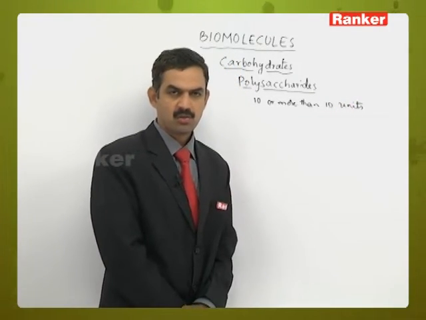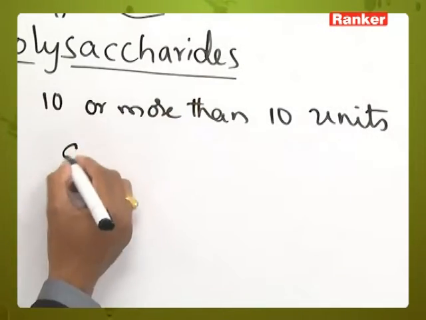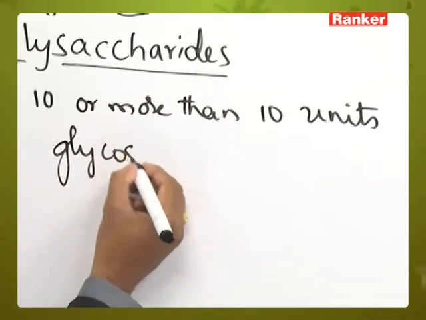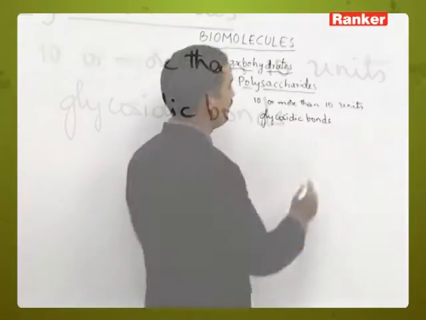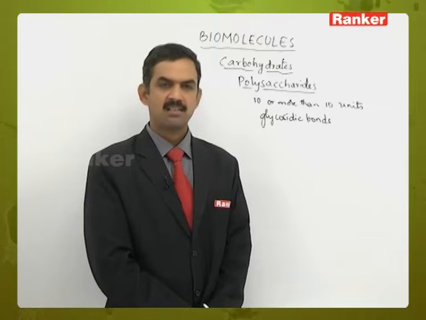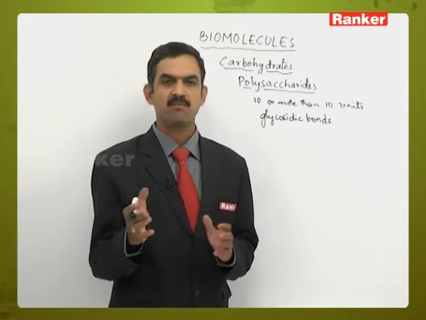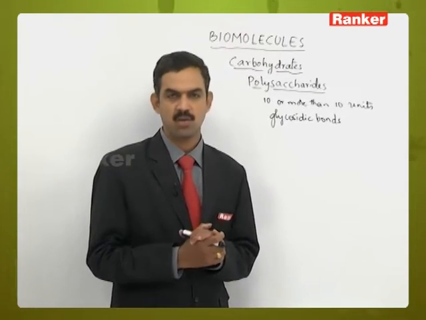These units form bonds, the glycosidic bonds, between the repeated units of the monosaccharide molecules, and they are converted into a long chain, which may be a straight chain or sometimes a branched structure.